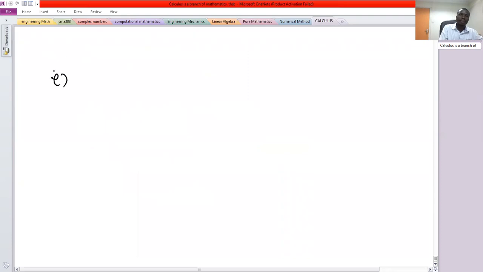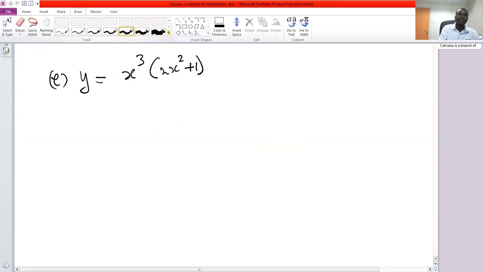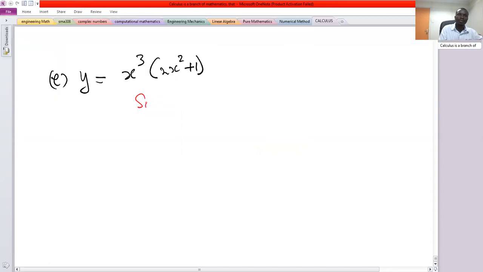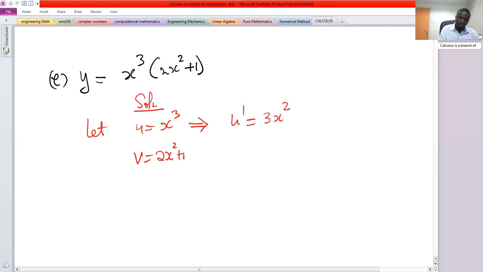And lastly, E, we have y equals x cubed into 2x squared plus 1. Now, solution for this, we say let u be x cubed and v be 2x squared plus 1. So this means u prime is 3x squared, and this means v prime is 4x.